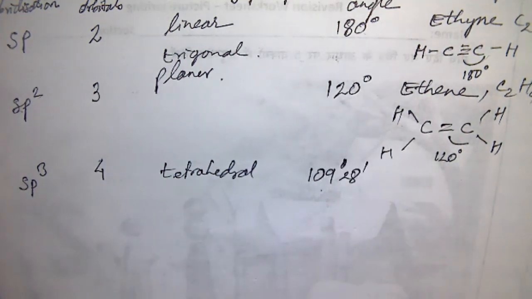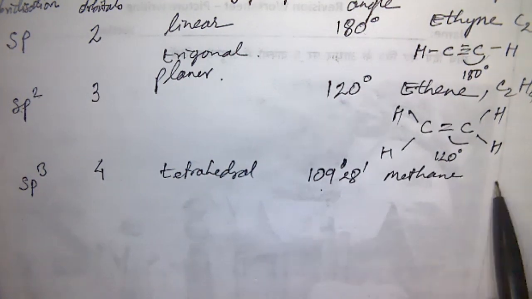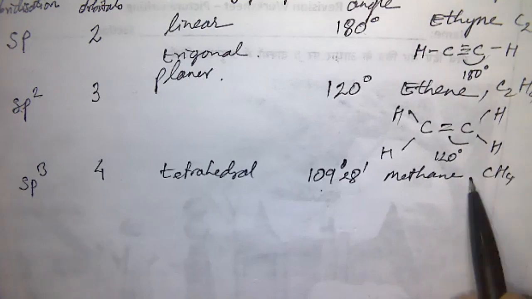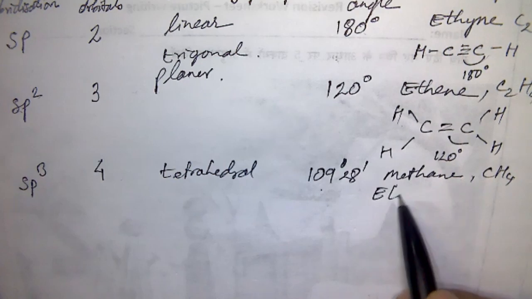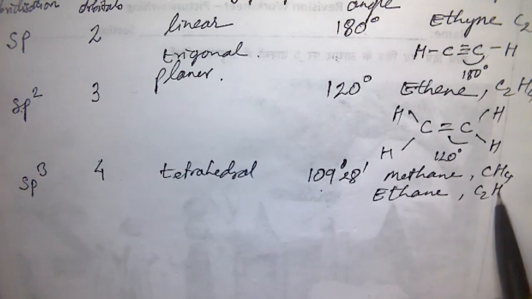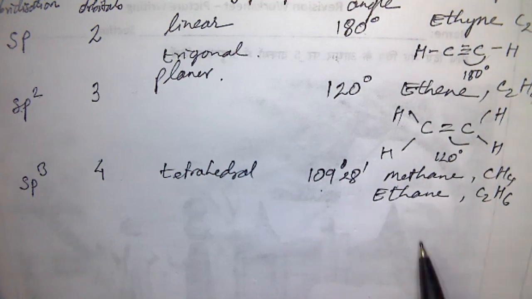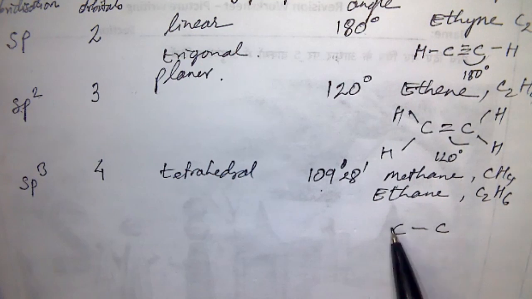28 minutes. An example, you can say methane, that was CH4. We already saw that. Apart from this, you can also have ethane C2H6. So if I give you C2H6, two of them, they're combining like this.